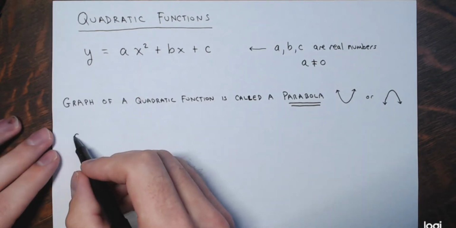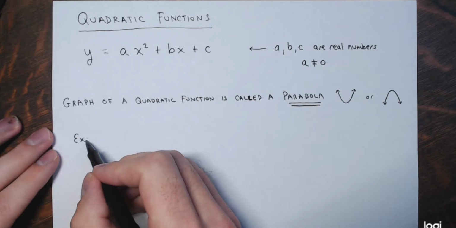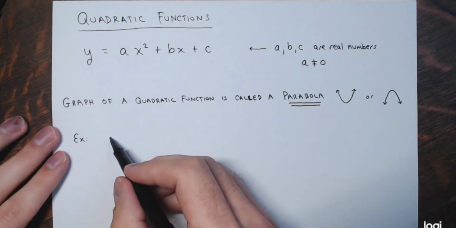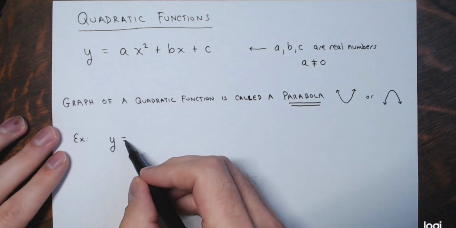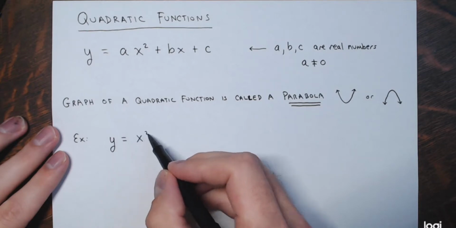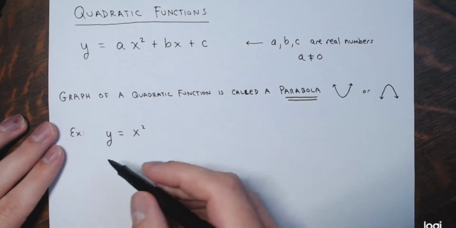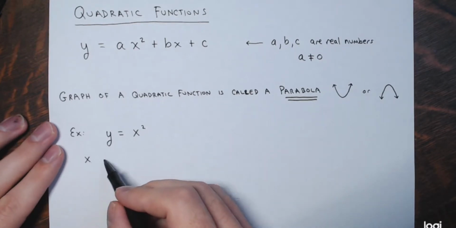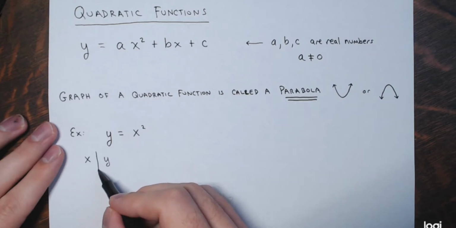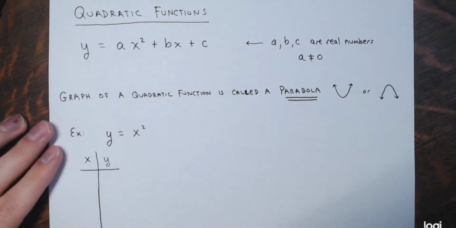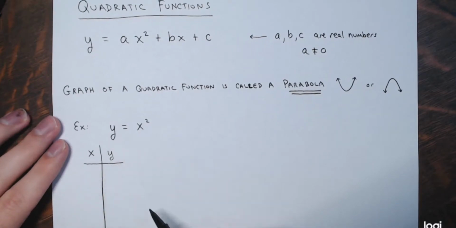So the simplest example of a quadratic function would be y equals x squared. I'll make a little chart here with x and y, and we can see some ordered pairs that belong to the function described by this equation.